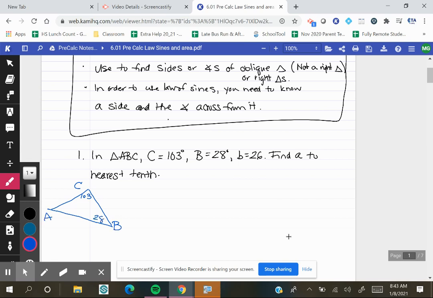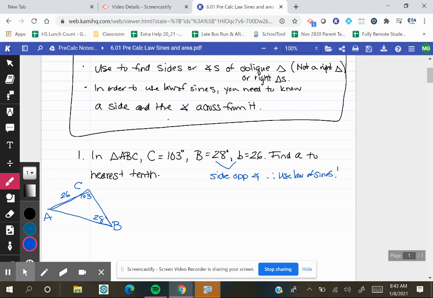So B is 28. Lowercase b, so that's across from angle B, is 26. And we want to find a. So first of all, I recognize that I have angle B and side b. So when I have a side opposite an angle, both given to me, I can use law of sines. All right, but I want to find side a.